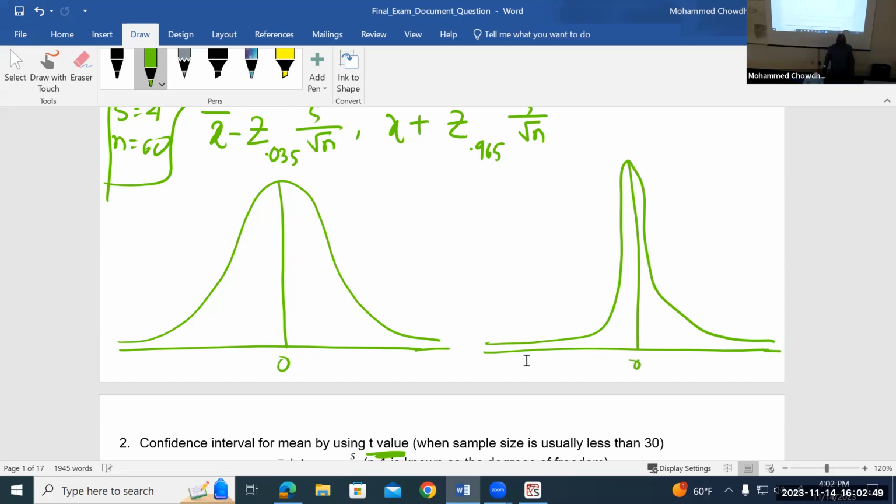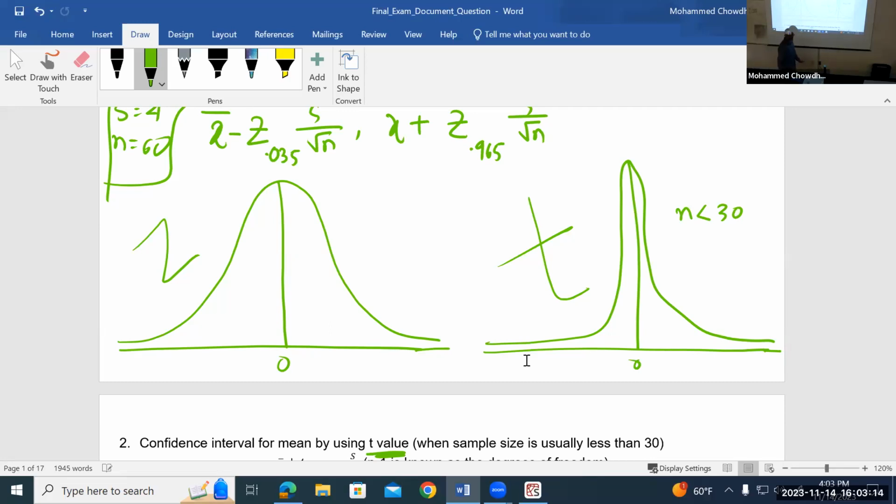Clear? And this distribution is appropriate when n is less than or equal to 30. When less than 30, you will use T. This is called the T and this is called the Z. The left one is called the Z when n is greater than or equal to 30, and when n is less than 30, it is called the T.